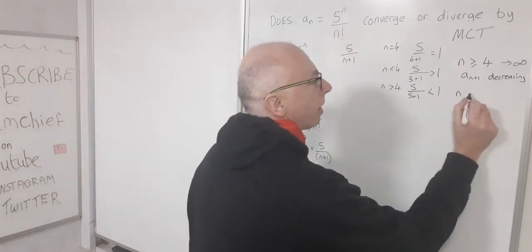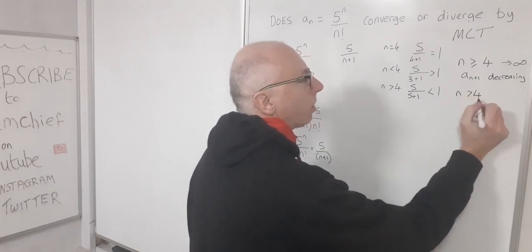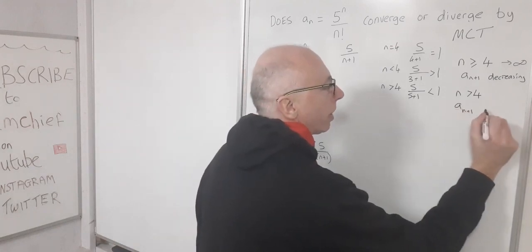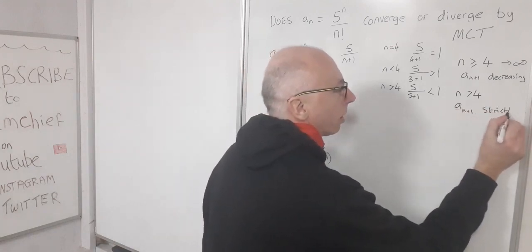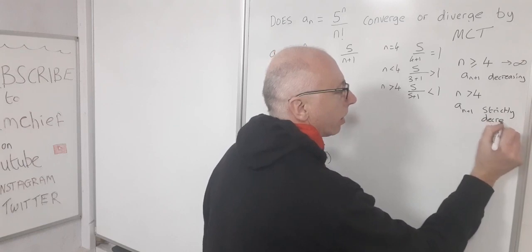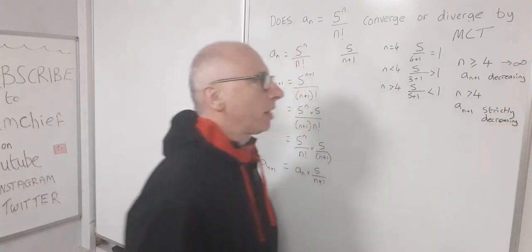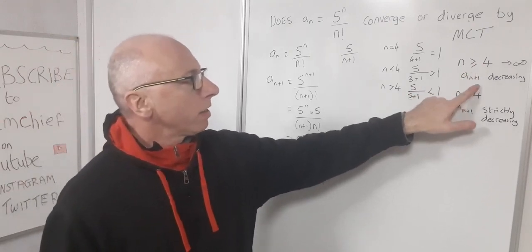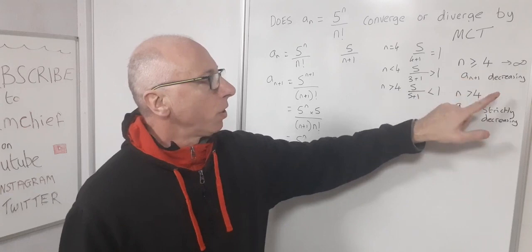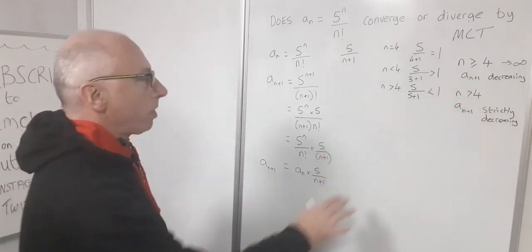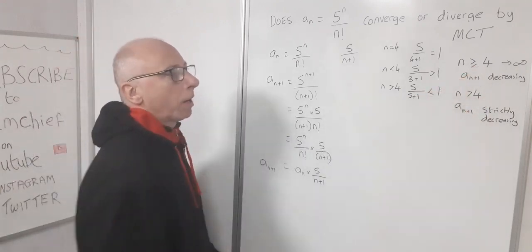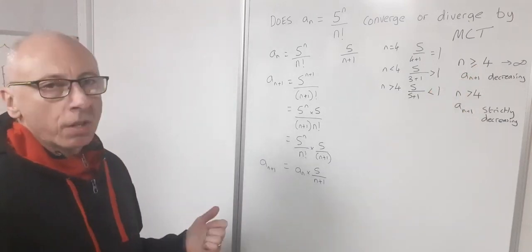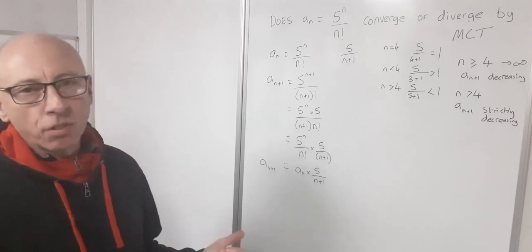Now if n is greater than 4, i.e. 5 or more, a n plus 1 is strictly decreasing. In other words, every term in it is decreasing. When n is 4, we're only multiplying by 1, in which case it stays the same. Okay, so that's what we could conclude so far on the decreasing and increasing.